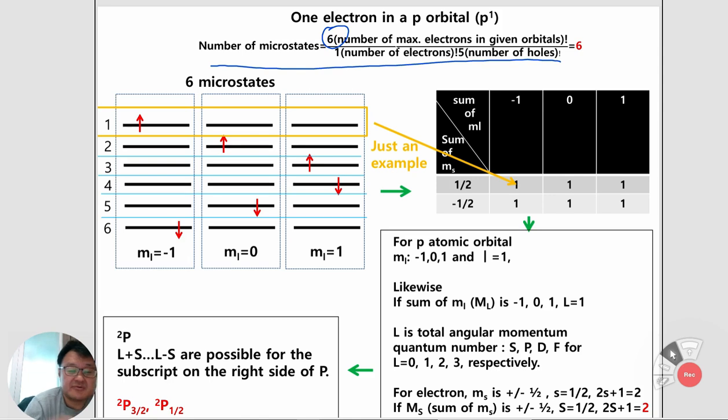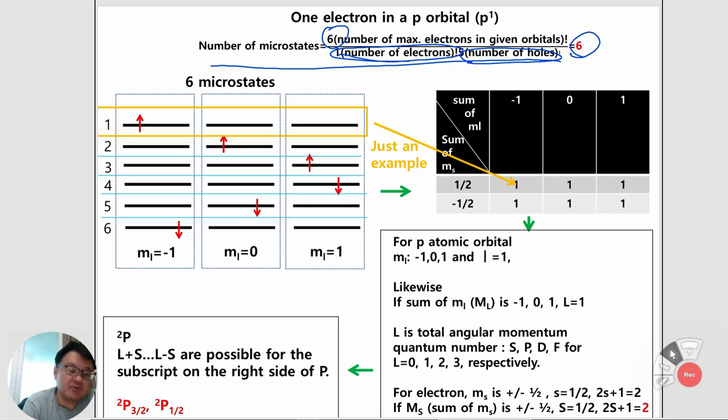So 6 factorial divided by the number of electrons. Now we consider only one single electron, so 1 factorial, divided by number of holes. This is basically the number of unoccupied sites, which is 5, right? So number of microstates is 6 factorial divided by 1 factorial divided by 5 factorial. It becomes then 6. We have 6 different microstates for the situation having only one electron in a p orbital.